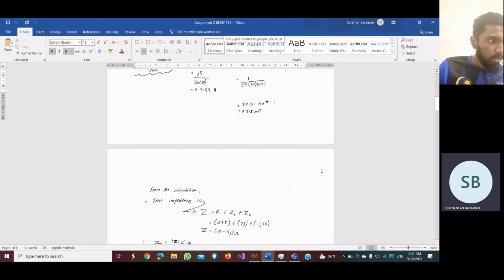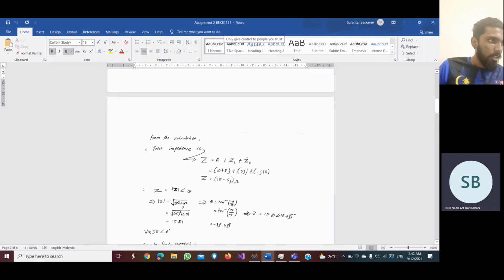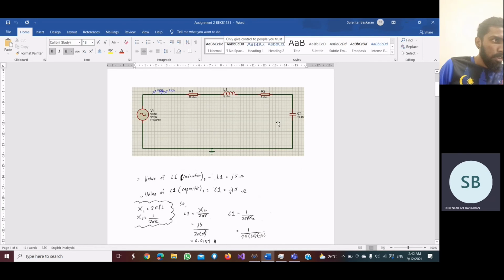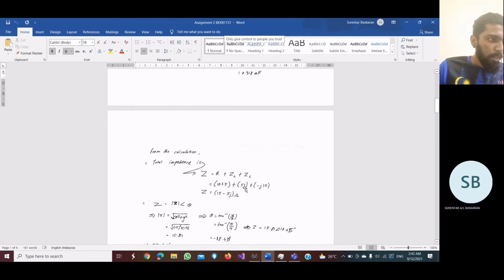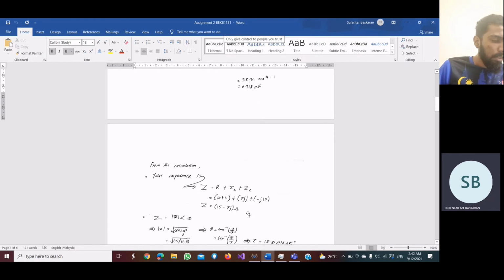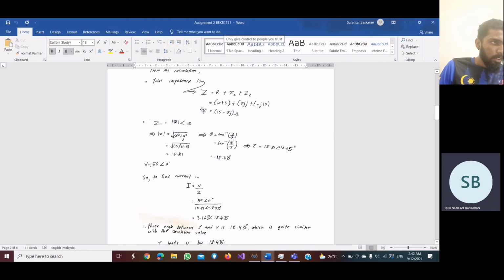So we total up all of these first. R1 is 10 ohm, R2 is 5 ohm, the inductor impedance value is 5J, and the capacitor value is -J10, and then we will get like this.